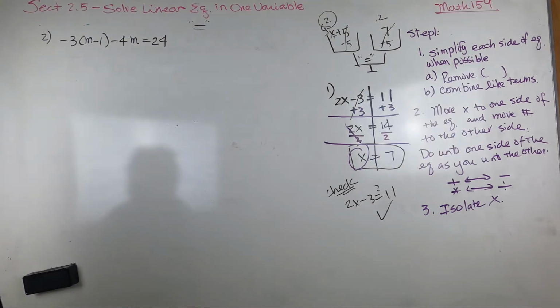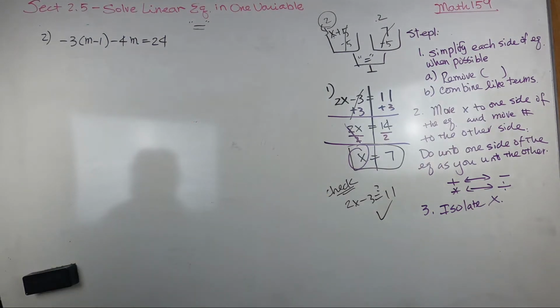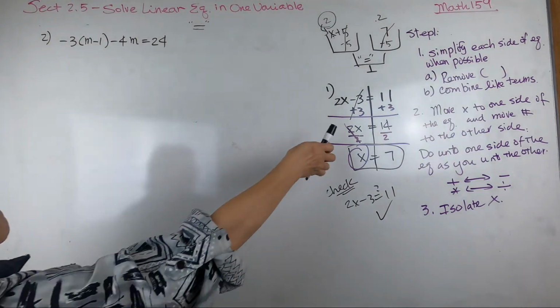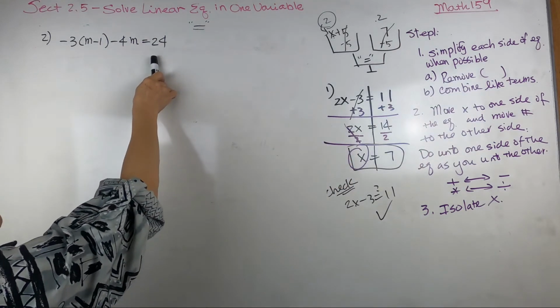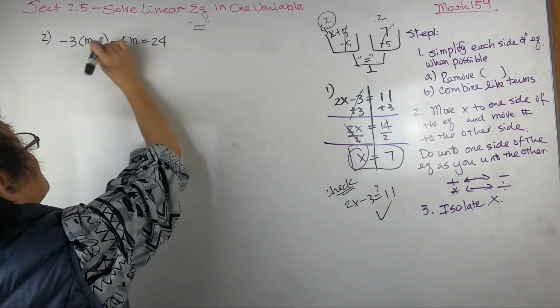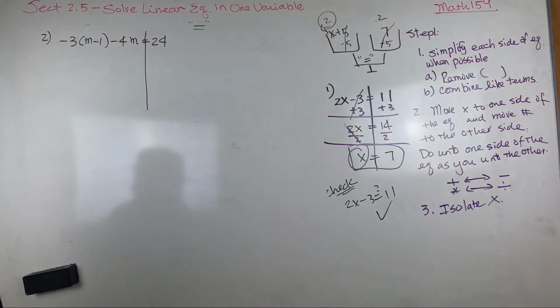But just in case, we just follow through the steps. So first, we want to make each side simpler like this. By the way, it's complicated, right? So we want to get rid of parentheses. You draw a line in the middle so you balance each side. You do one side, you do the other side, okay?